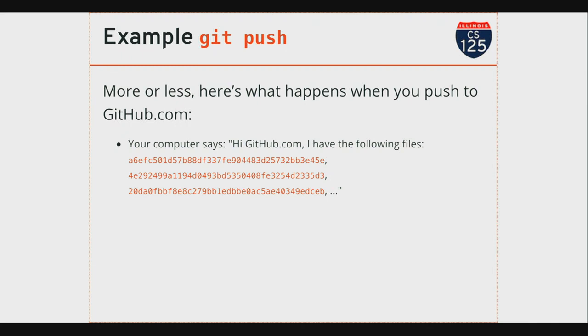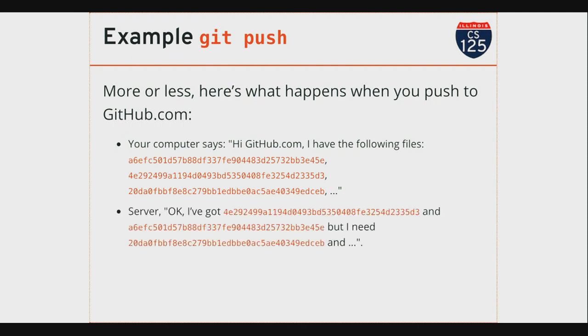So roughly, your computer says, I have a repository that has the following contents, and it kind of lists all the hashes of the stuff that it has. And the server looks at its copy of the repository and it says, okay, well, I've already got some of this stuff, right? So I've got whatever object has this hash, but I don't have those other 2 objects. Those could be files, those could be commits, whatever. And then what happens is your computer sends those along. So that's how Git push works. That's why if you Git push and then you Git push again, nothing happens. There's no new information to send.